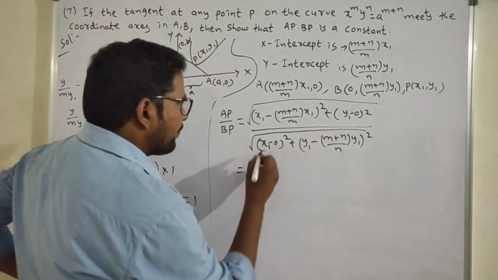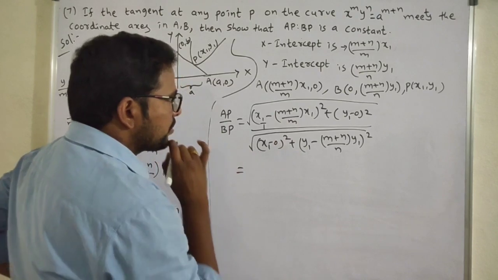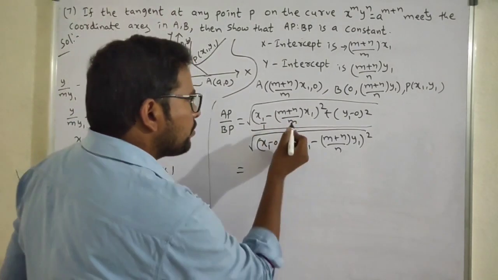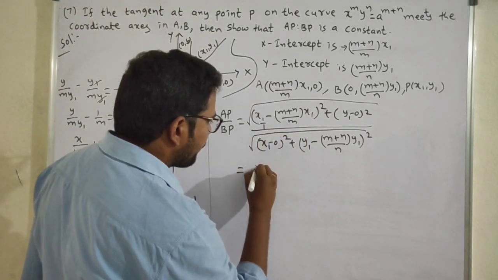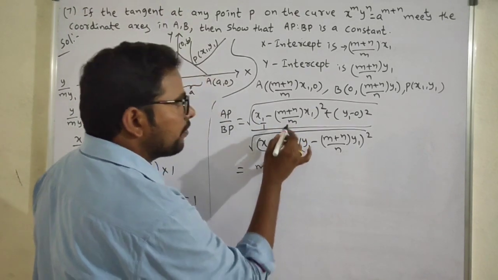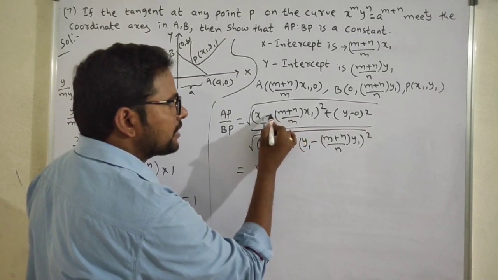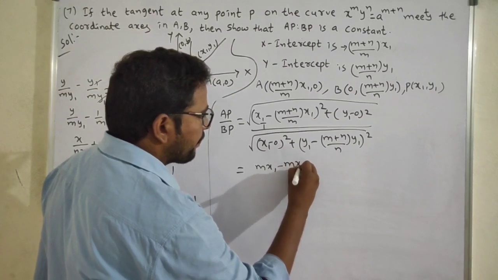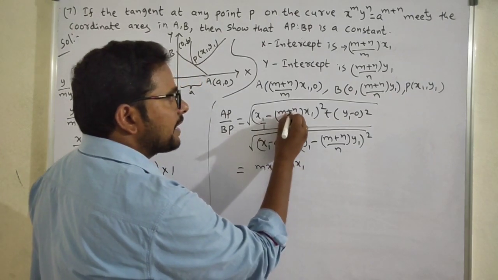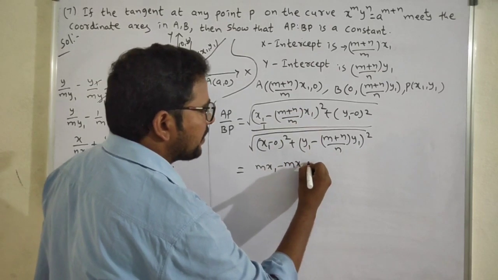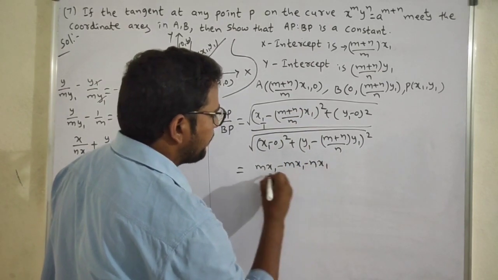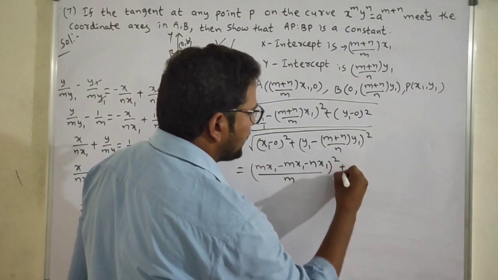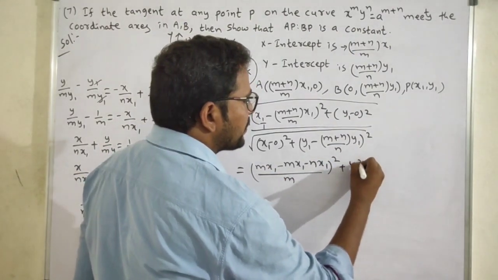Now here take the LCM. Here the LCM denominator is 1, so take m here. The LCM of m and 1 is m only. So multiply m into x1, mx1, and minus into plus minus, so minus mx1, minus nx1, divided by m whole square, plus y1 minus 0, y1 only, so y1 square.